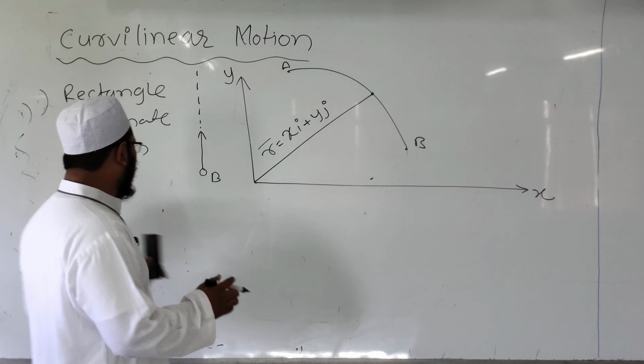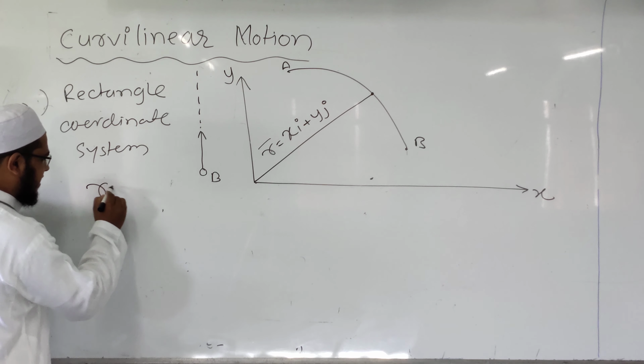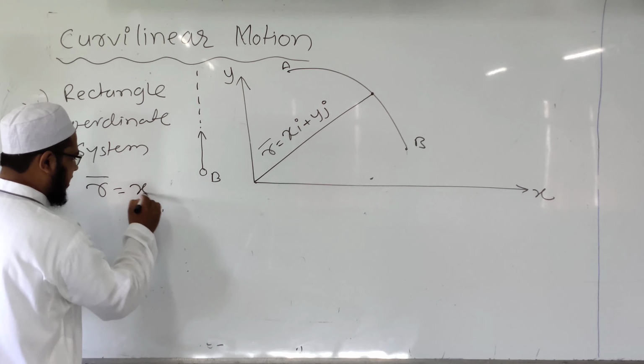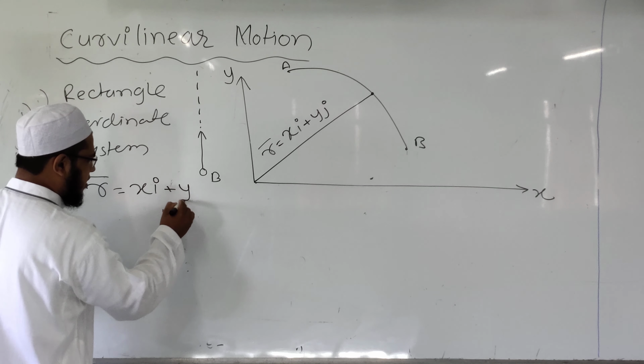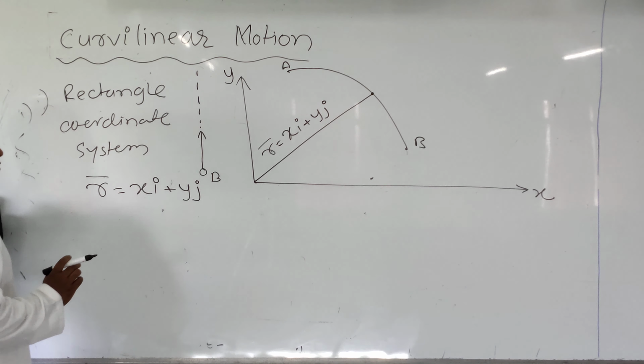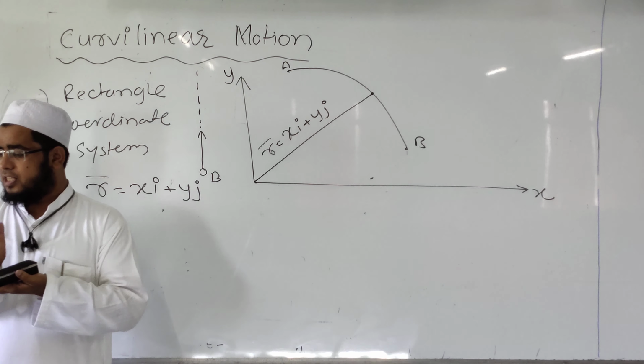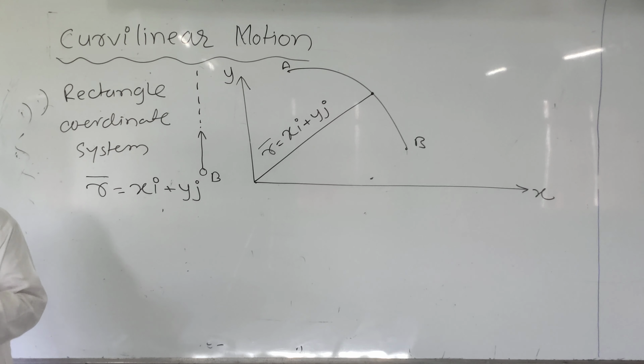So the position of the particle is given by xi plus yj, and we know that the rate of change of position is displacement.